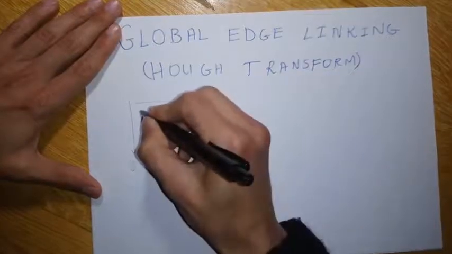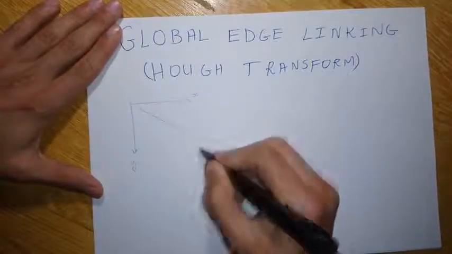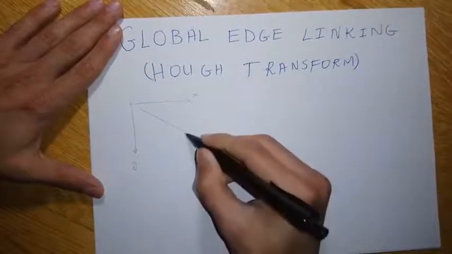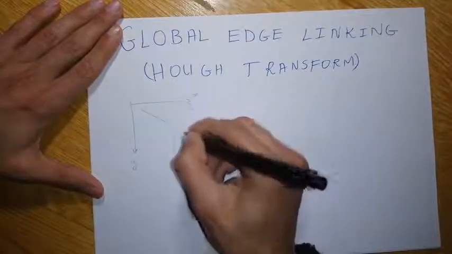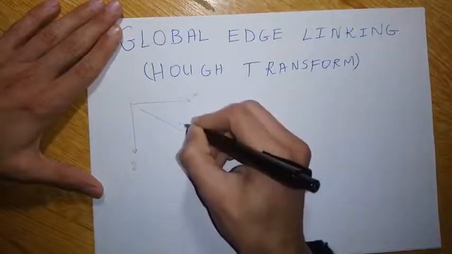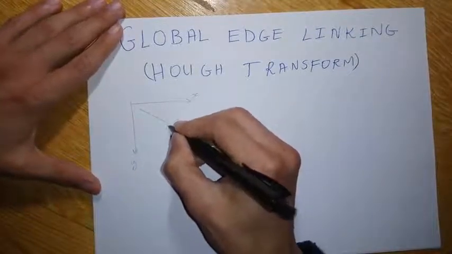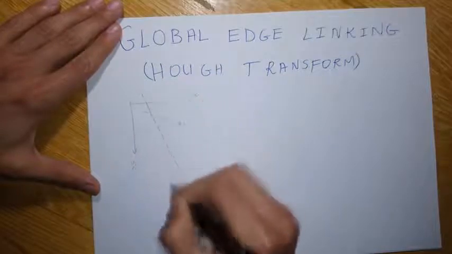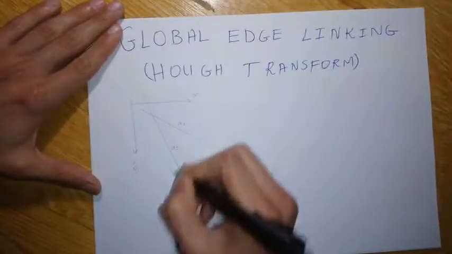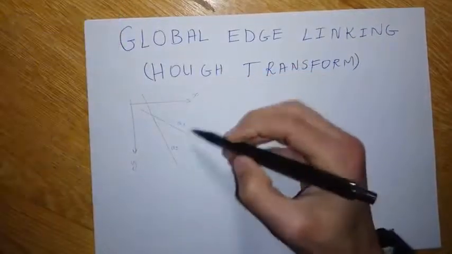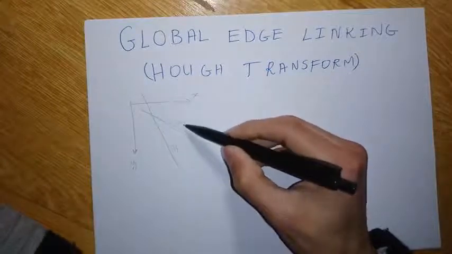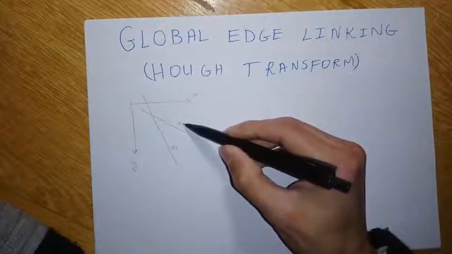When I have a line like this one, its slope is given by A. Let's denote it A1. Now, a line that has a higher slope is this one. This is A2, and A2 is higher than A1.